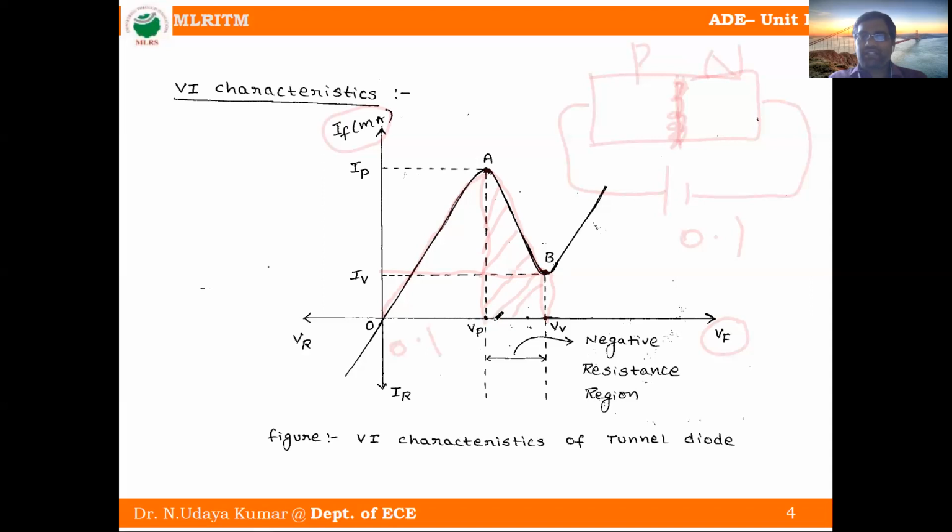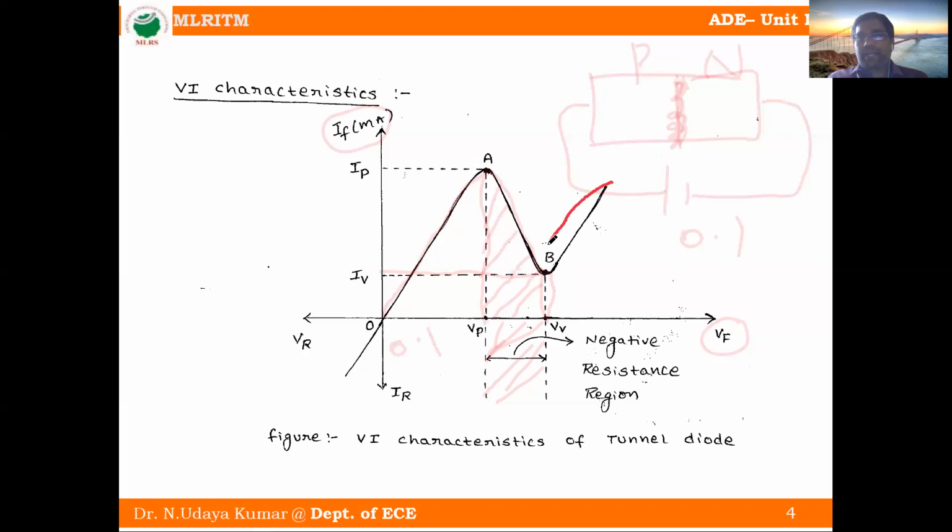Okay, we are increasing the forward voltage, but the current decreases. So this region from peak voltage to valley voltage is the negative resistance region. Because of the negative resistance region, this tunnel diode can be used as a relaxation oscillator. Again from the valley point, we increase the forward voltage, and the current increases like a normal PN junction diode.